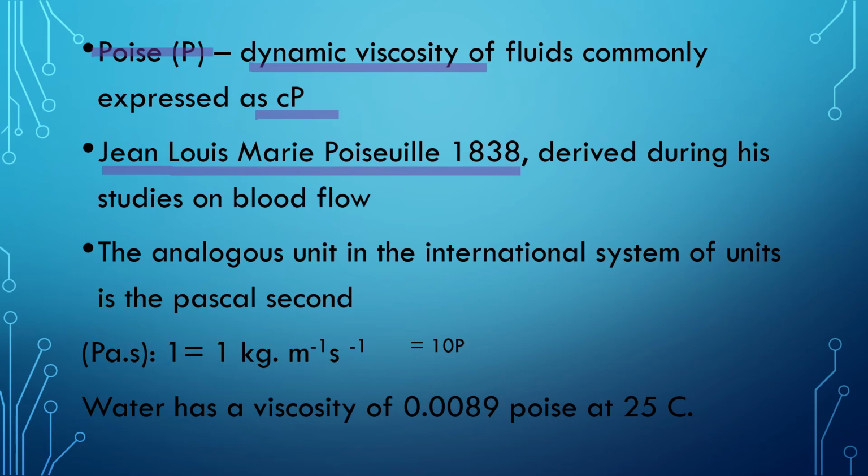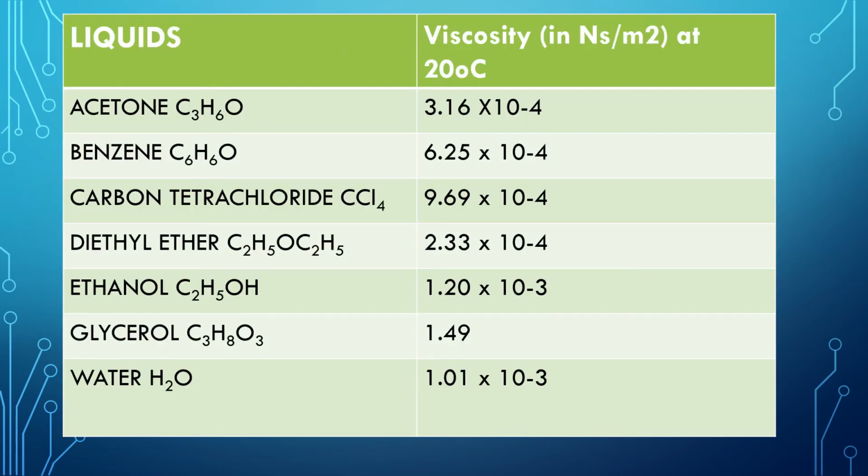So, the analogous unit for the International System is Pascal per second. Kaya sabi ko kanina, may Pascal per second. Any unit, gamitin natin basta Pascal per second, or centipoise is the same. So, water has a viscosity of 0.0089, same with 0.001. These are examples of liquids with their viscosity: acetone, benzene, carbon tetrachloride, diethyl ether, ethanol, glycerol, and water.